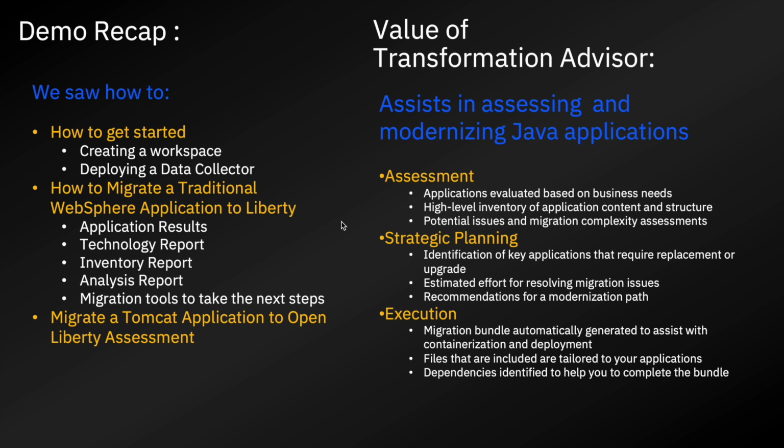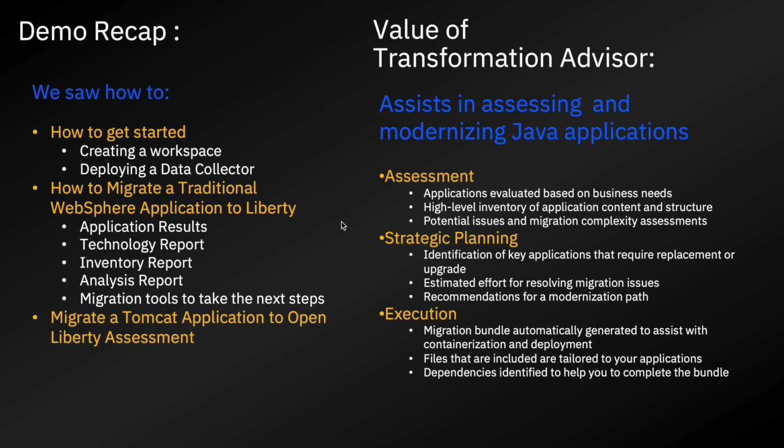We've demonstrated the value of Transformation Advisor in assisting Java developers and IT staff in migrating applications by showing how it can make the assessment easy, how it can help you plan on what you need for migrating it, and then help you to execute that migration by creating artifacts that are ready to use, reducing migration effort.